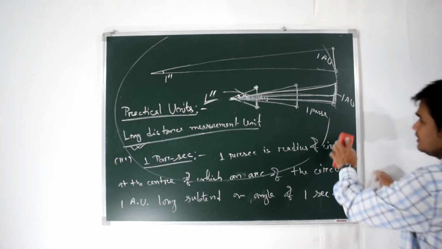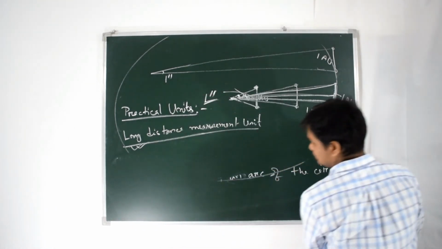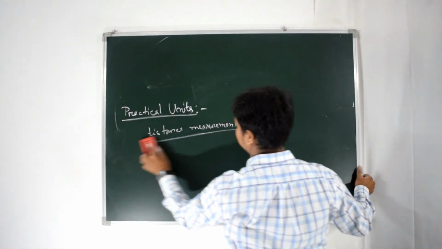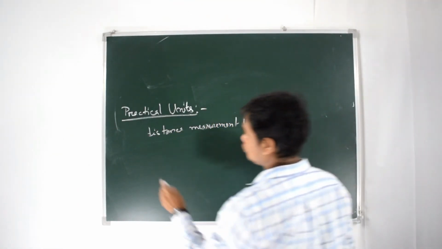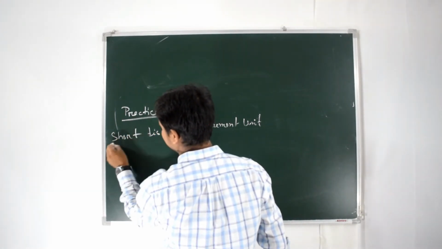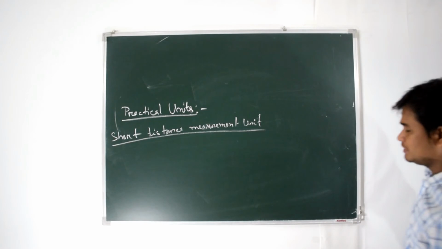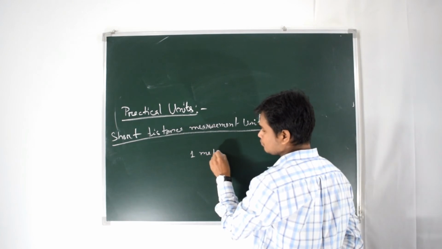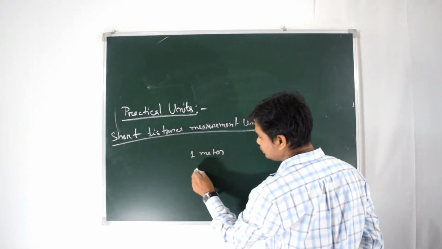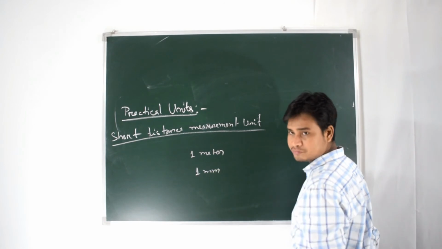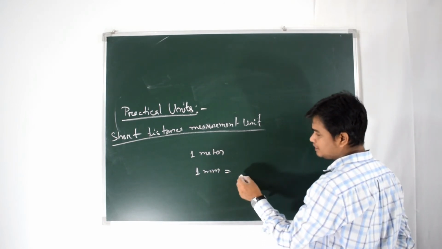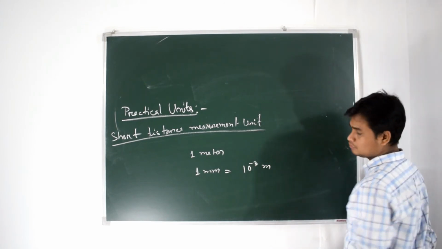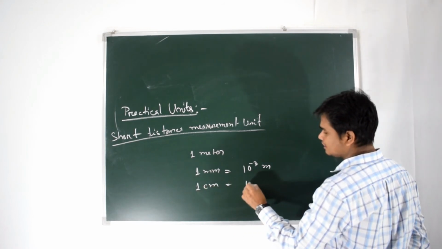Next, we use some practical units in short distance measurement. Basically, we generally use 1 meter, which is the SI unit. So we use 1 millimeter, which is 10 to the power minus 3 meter. 1 centimeter is 10 to the power minus 2 meter.